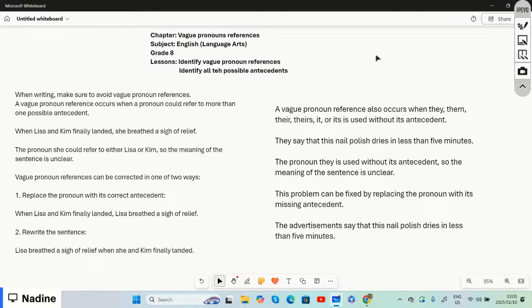And the lessons that we are going to be focusing on under the chapter of vague pronoun references are to identify vague pronoun references, and to identify all the possible antecedents.